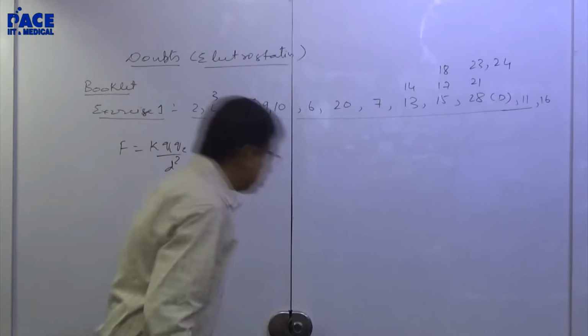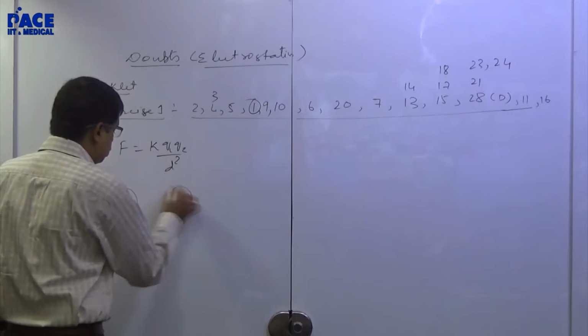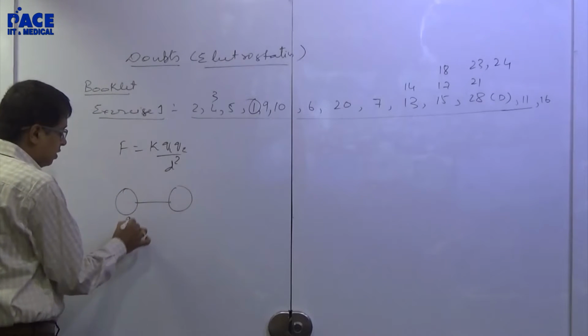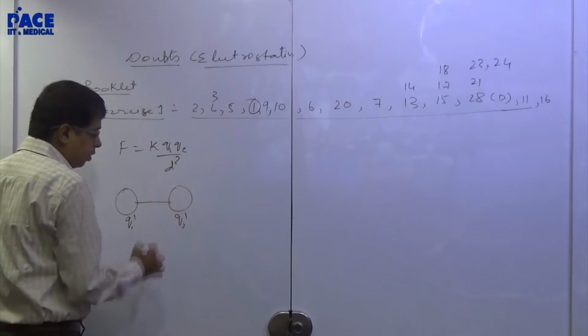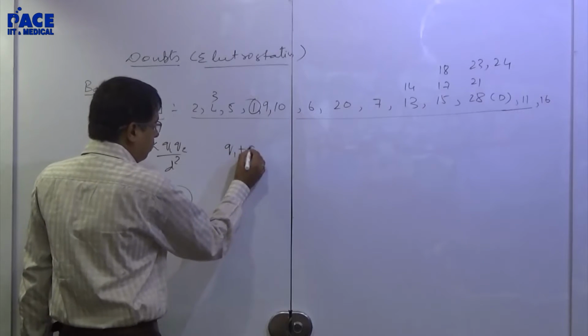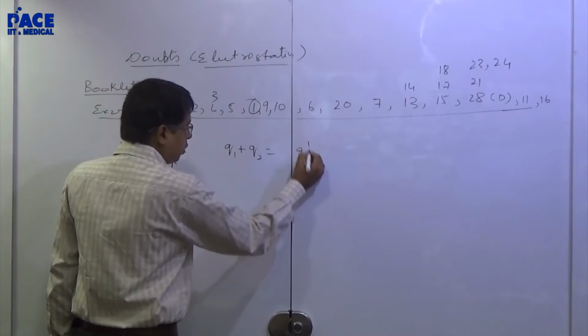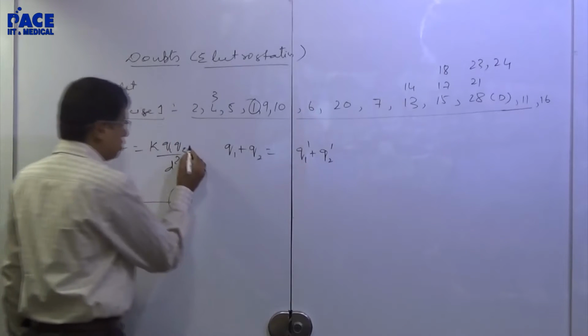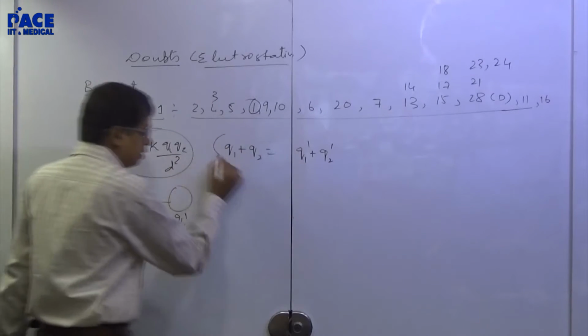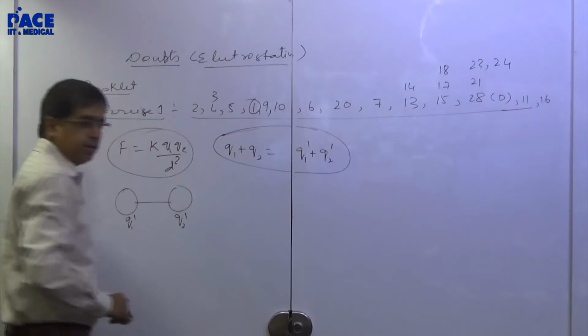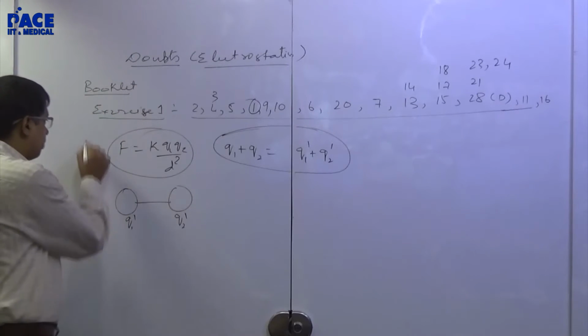The initial charges on the spheres. Now when you connect the two spheres with a conducting wire, this will become Q1 dash, this will become Q2 dash. Q1 plus Q2 will be equal to Q1 dash plus Q2 dash. This is my first equation. This is my second equation. What will be my third equation?